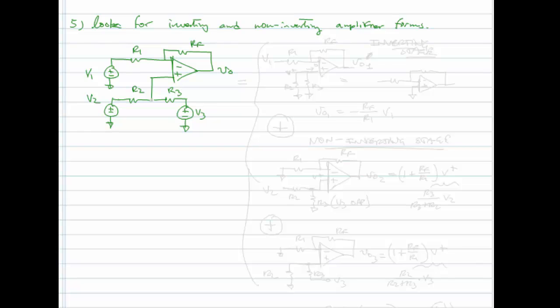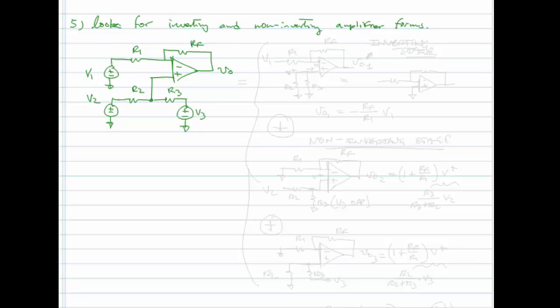So what I recognize here, as I mentioned on the last page, from the standpoint of V1, V1 quote-unquote sees an inverting amplifier. V2 and V3 quote-unquote see a non-inverting amplifier. And you might say, well, how do they see that?